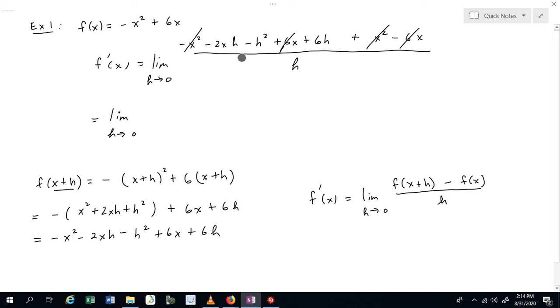Okay, so if I'm left with like x squared here, let's say that didn't cancel out, then I wouldn't be able to cancel this h on the bottom because this would have to have an h in it. But notice here I am left with 3 terms on top that all have an h in it.